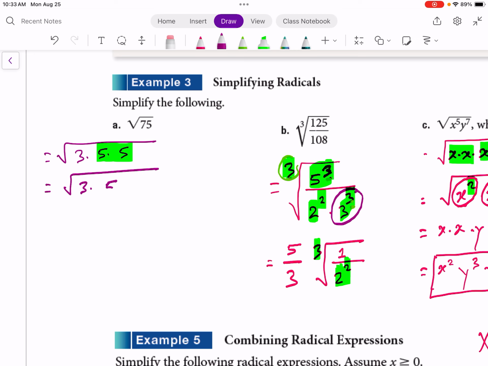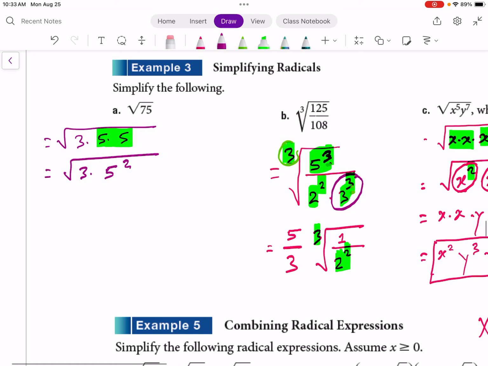So we want to write it as 5 square. This 5 square has an exponent 2 and the index is also 2. So this 5 comes outside. So you write down 5 outside the radical sign. Now this 3 does not have an exponent 2, so it has to stay inside the square root. So this is 5 square root of 3, which is the same as the square root of 75. That's how we simplify.